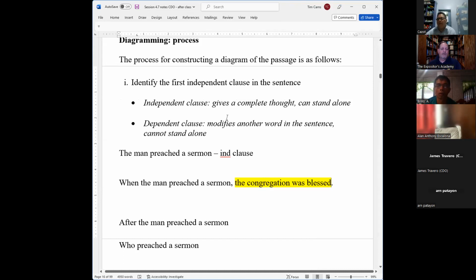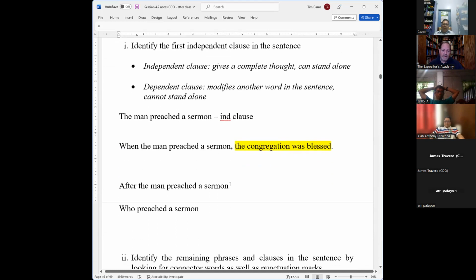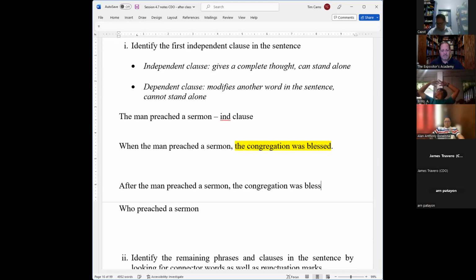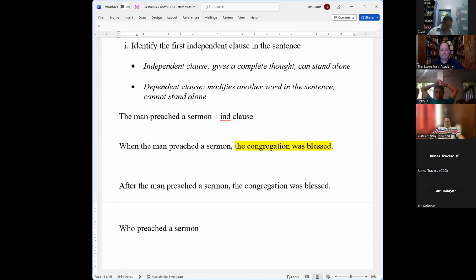It stands alone. When the man preached the sermon is dependent. That's modifying was blessed, because it says when the congregation was blessed. The congregation was blessed when the man preached the sermon. After the man preached a sermon, the congregation was blessed. Same thing here. Congregation was blessed is my independent clause.